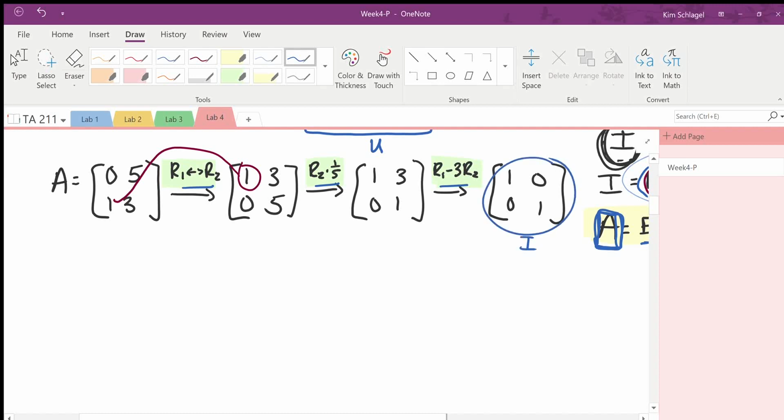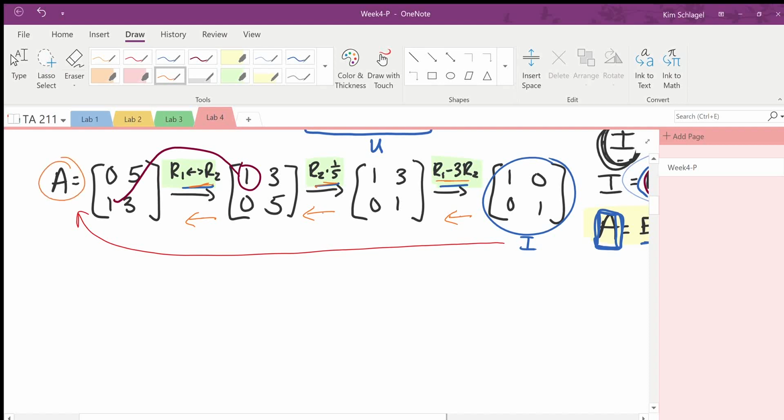So if we think about this, if I wanted to go from the identity to A now, if I took the opposite operations of these and multiplied them all together, will that give me A?